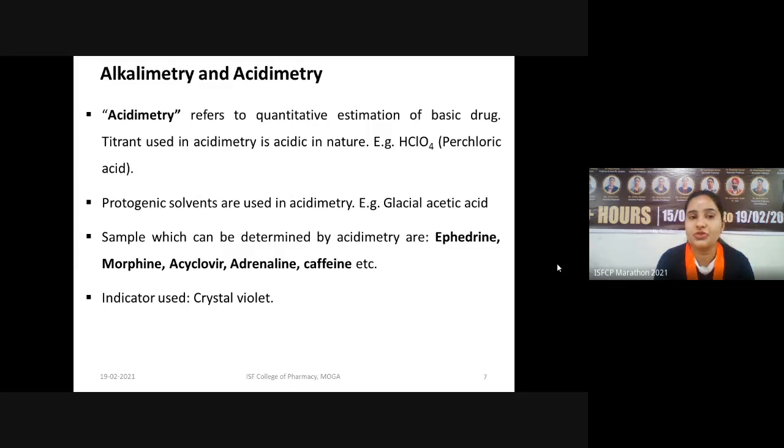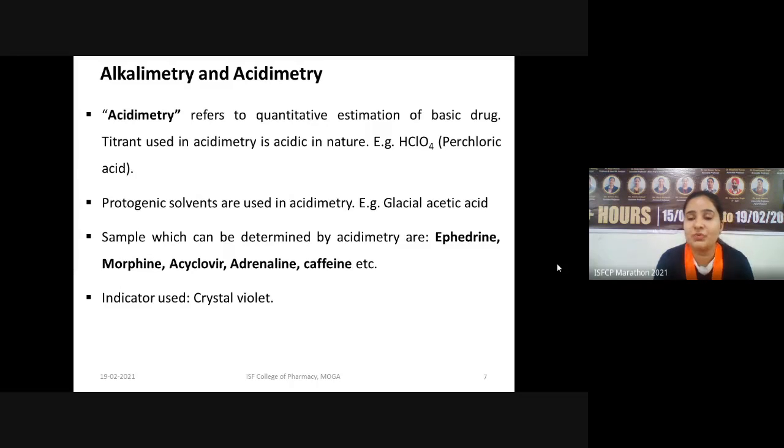The titrant is acidic in nature. For example, normally we use perchloric acid as the titrant, which acts as the standard solution and helps us do the quantitative estimation of the basic drug.